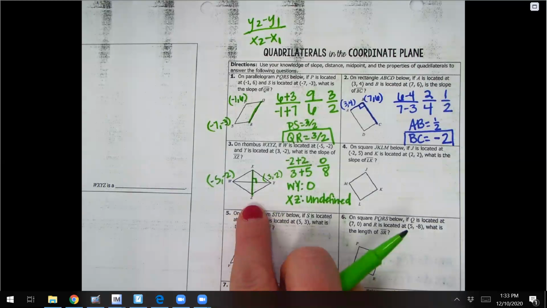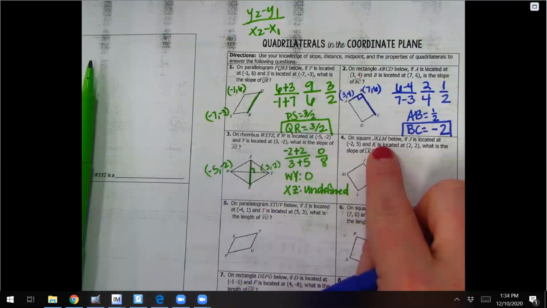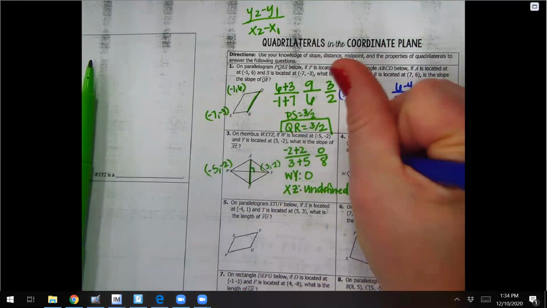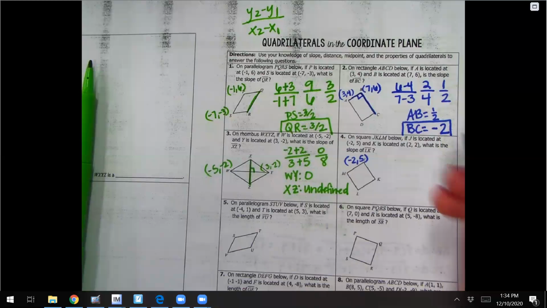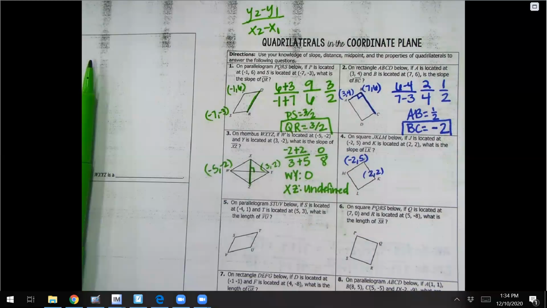That's totally random. Number 4 on square JK, if J is located at -2, 5 and K is located at 2, 2, what is the slope of LK? What's the relationship between JK and LK? Good.